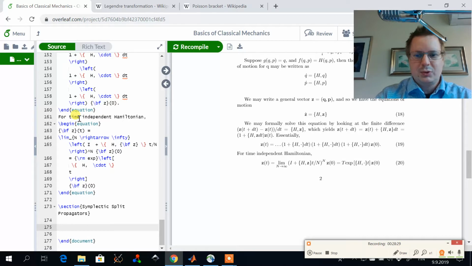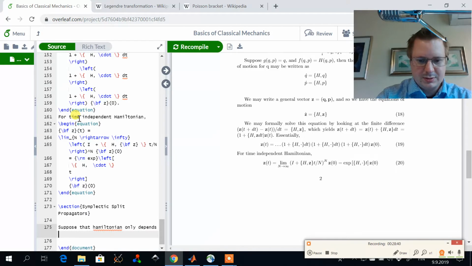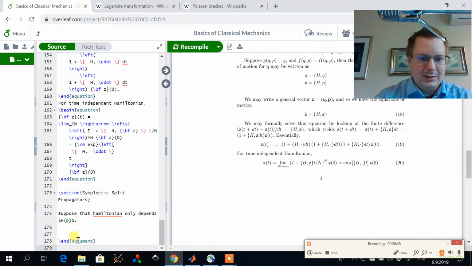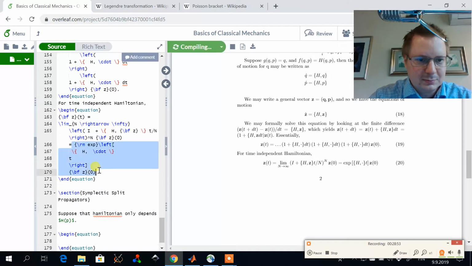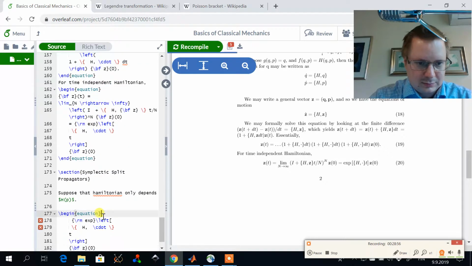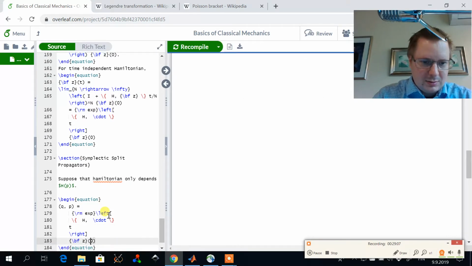So let's suppose that the Hamiltonian only depends on the generalized momentum. So we have H(p). And then we want to calculate this thing here, we want to calculate the q and the p of this thing.